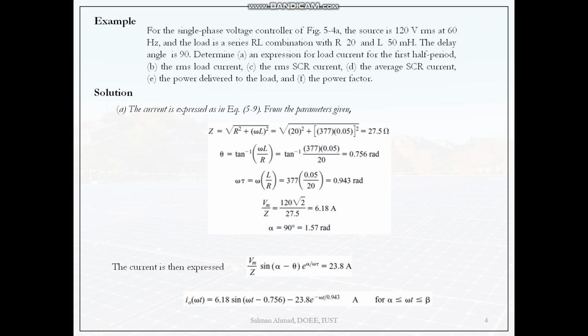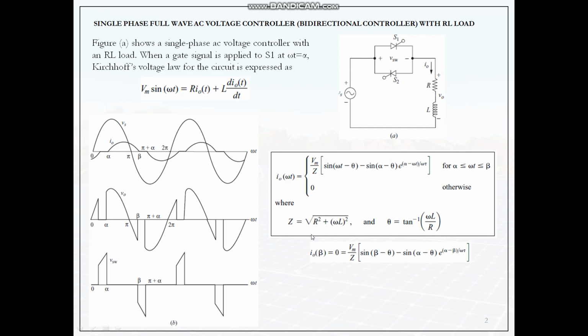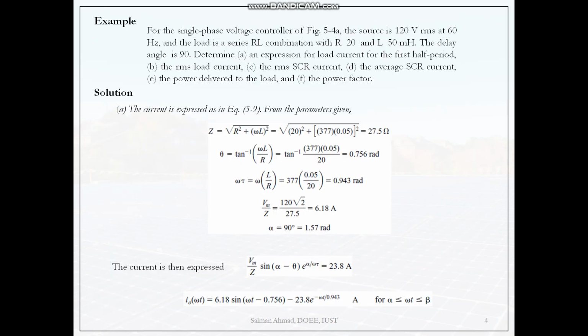So that is Vm upon Z sin alpha minus theta e to the power alpha upon omega tau, if you see from the previous expression. Okay, so substitute in that, you will get the current expression to be something like this. Okay, so that is for omega t from alpha to beta. This is a straightforward problem. You have to substitute each value in the expression that we have just derived.